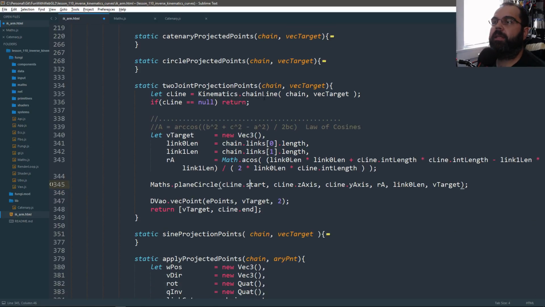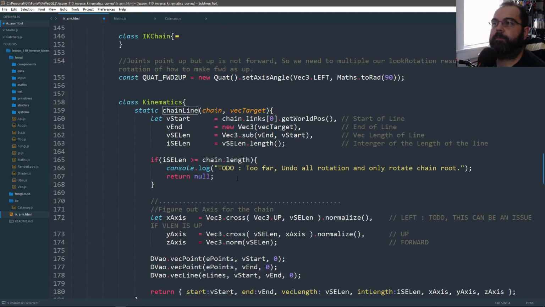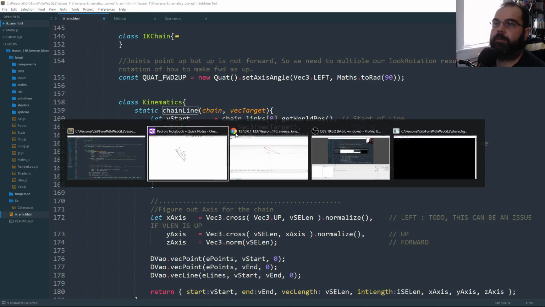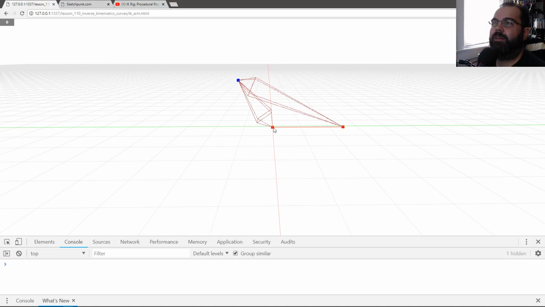And the kinematics chain line, which is important for everything, all it does is define information of that line. Like I mark it here with the red line.